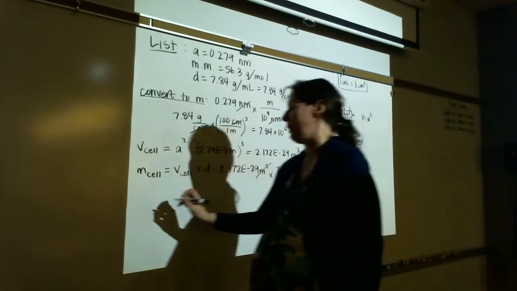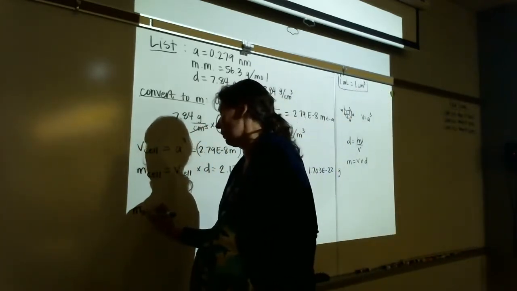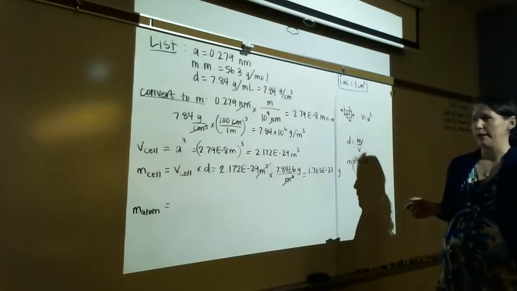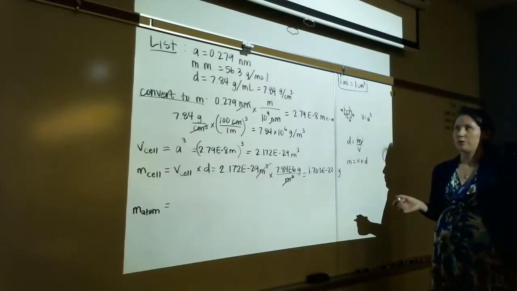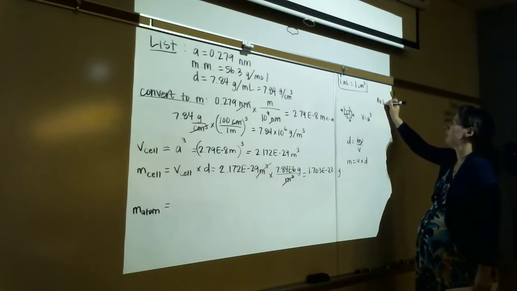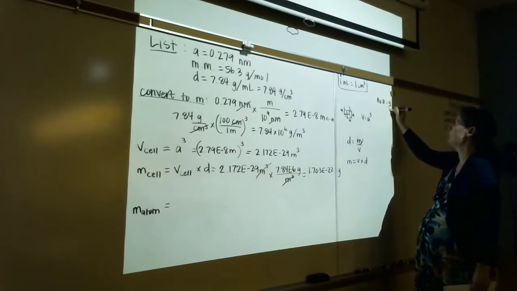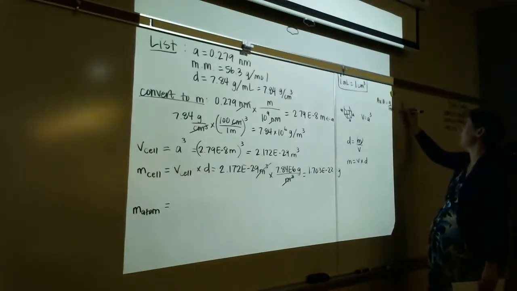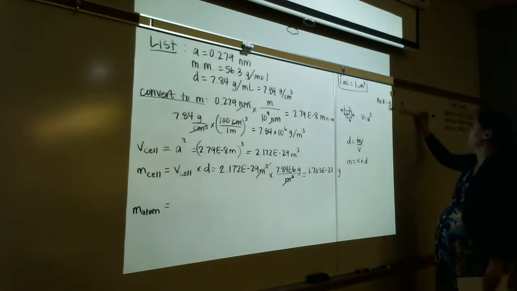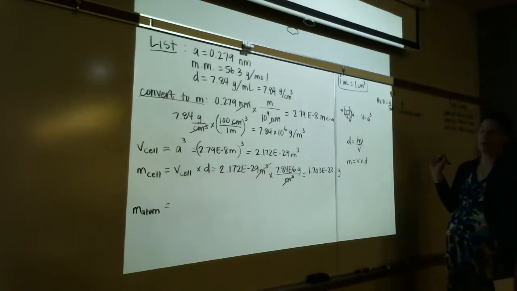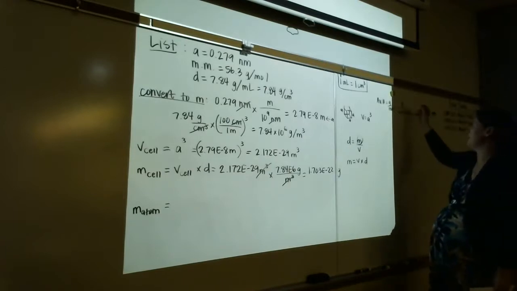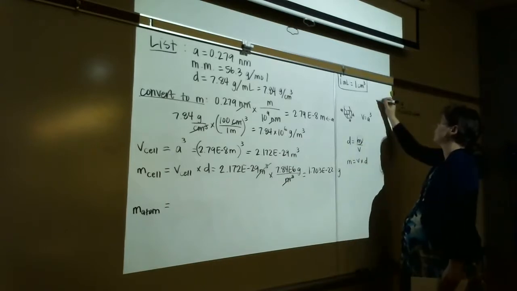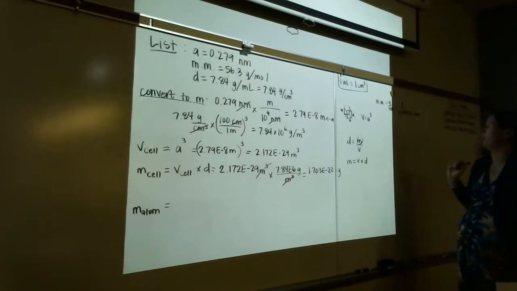Okay, now let's figure out the mass of an individual atom of this metal. So, let's think about this. Molar mass is grams per mole, right? It's also grams per 6.022 times 10 to the 23rd atoms, right?